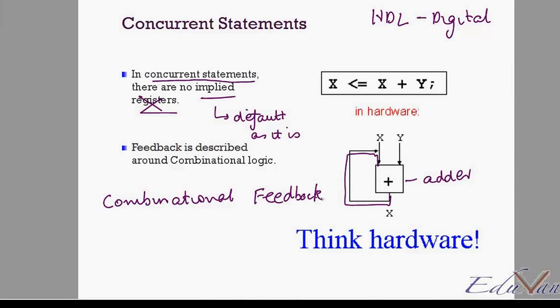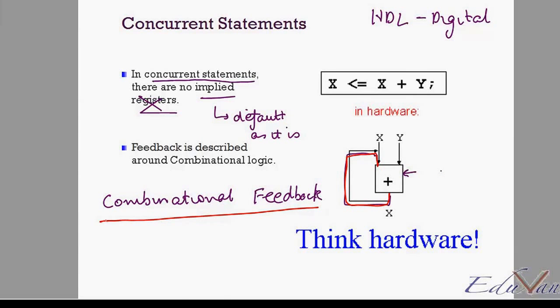When you have a combinational logic in between, and you try and feed the output back to one of its own inputs, you cause combinational feedback, and this is a very bad style of design.